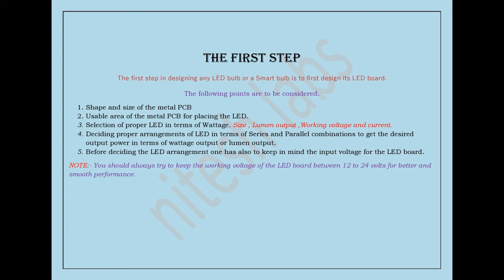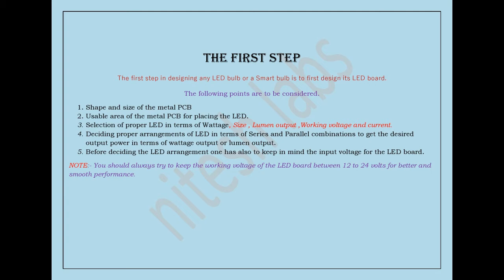Third, selection of proper LEDs in terms of wattage, size, lumen output, working voltage and current. Fourth, deciding proper arrangement of LEDs in terms of series and parallel combinations to get the desired output power in terms of wattage output or lumen output.